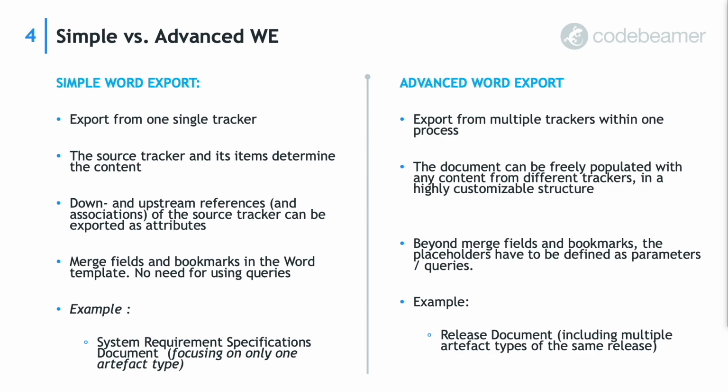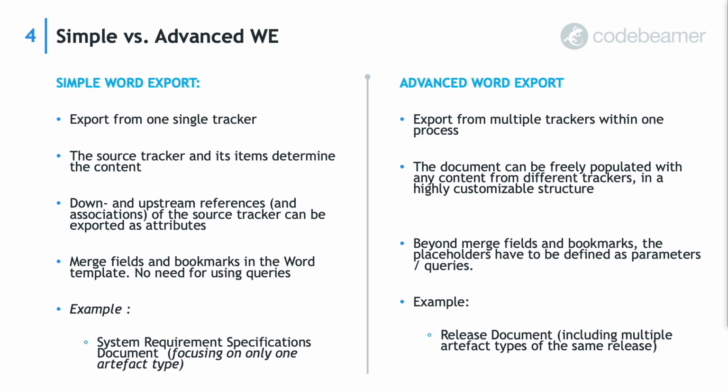In part 1 of the word export training, you have already learned how the simple word export works. During that process, you export the content from one single tracker. That source tracker and its items determine the content. For example, down and upstream references and associations of the tracker's items can be exported as attributes.